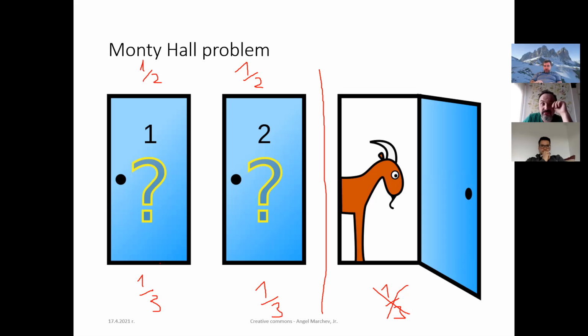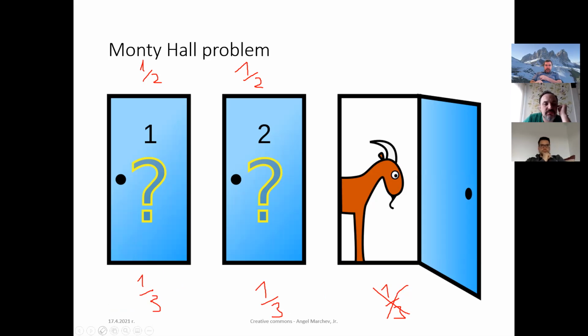It was 1 out of 3. Now it's 1 out of 2. You actually improved your chances, right? In reality, though, I'm going to show you the correct analysis that kind of clears the thing up.